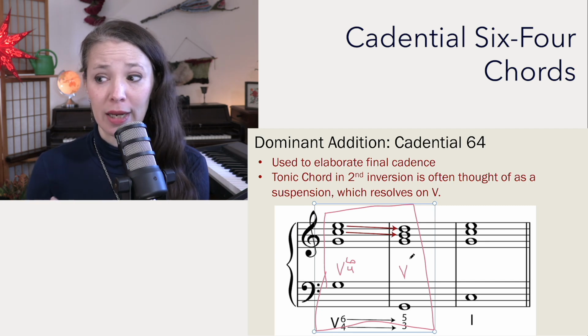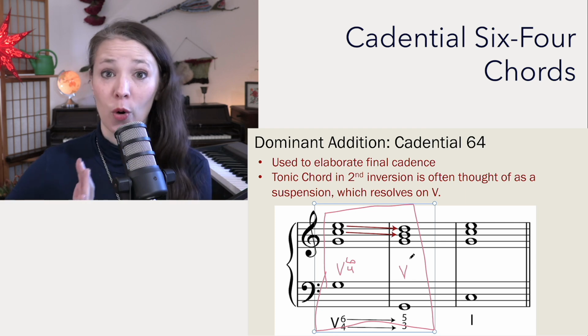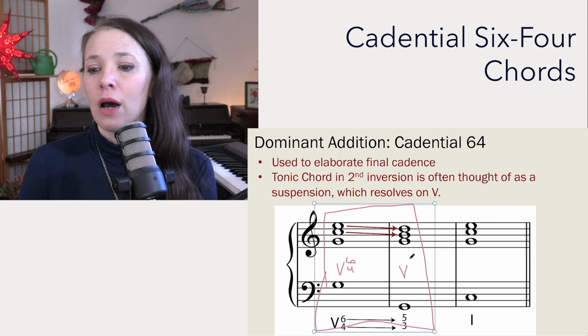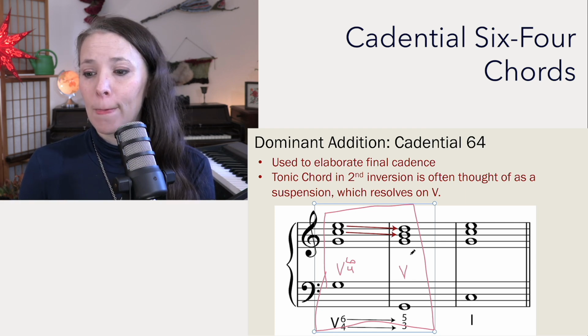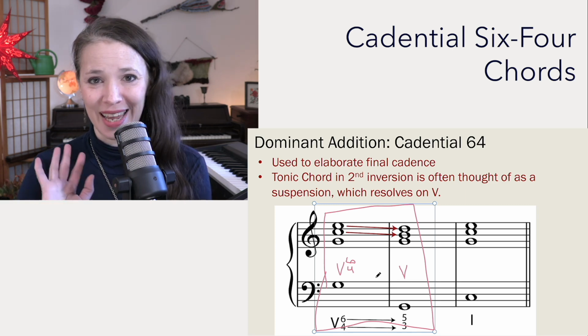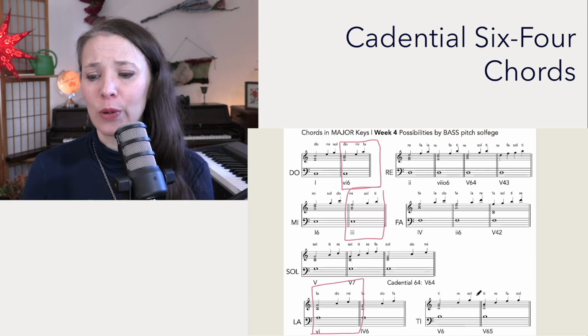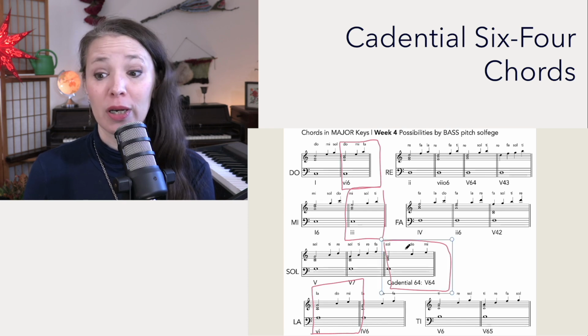So when you're doing analysis on paper for another class, you're going to want to write that all as one chord. All right, so if that's confusing, go watch the video that I'll post below this and you'll be good to go. Okay, so that adds in one more chord in our solfege: the cadential 6/4 can be on Sol.